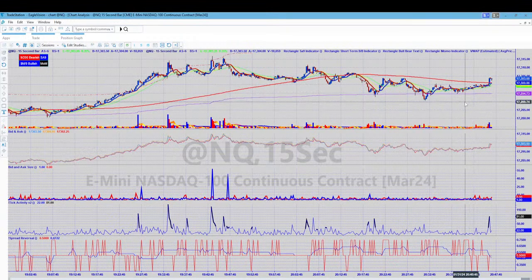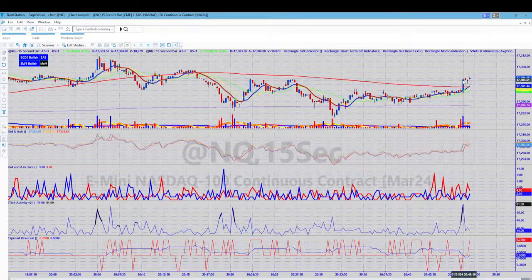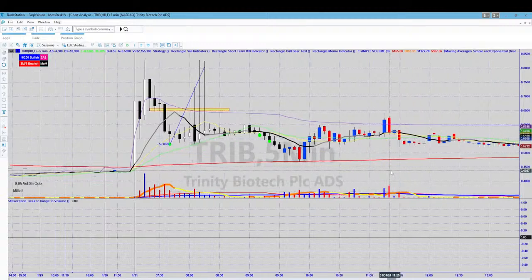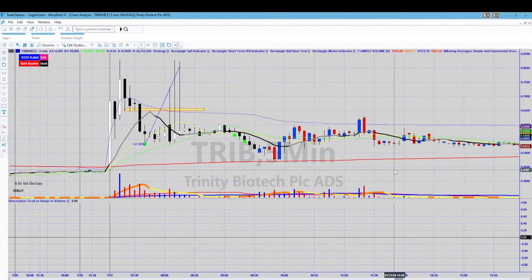But it looks like it's trying to break this previous resistance. So it may go up. I wish I hadn't changed it over here so we could see if it spiked with our absorption indicator.